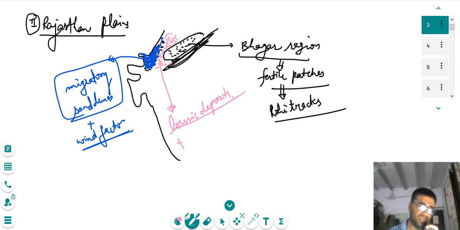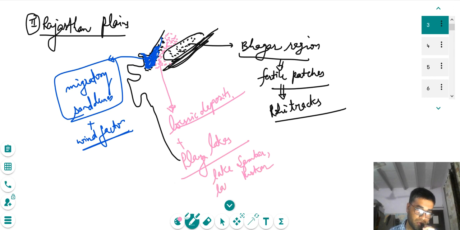And this region also has the playa lakes, right? Playa lakes like Lake Sambhar, right? Lake Pushkar.